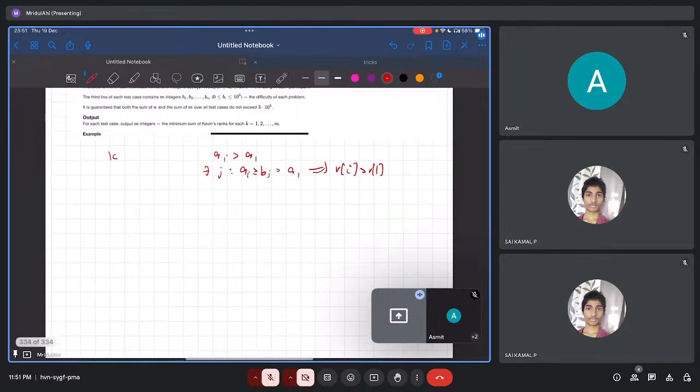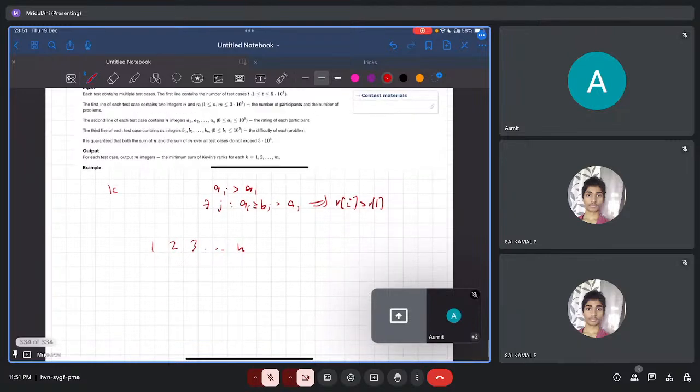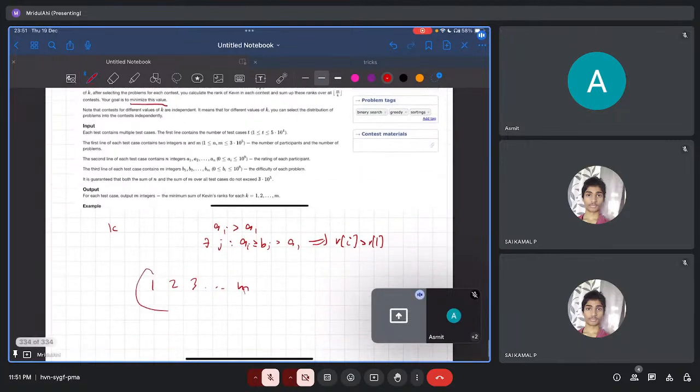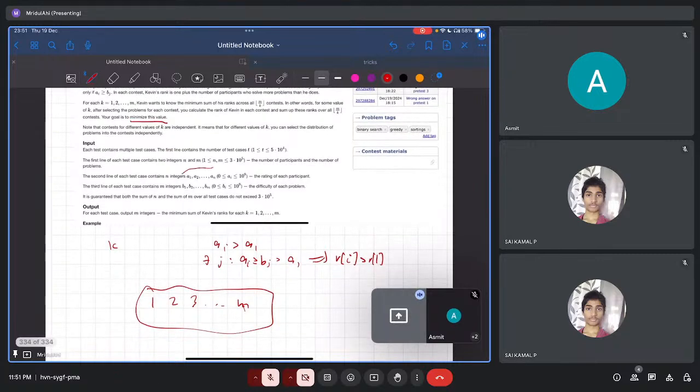So consider the problems of ratings 1, 2, 3 to m. We are assuming that these numbers are in the range 1 to m, because if they are not, then we can just normalize this vector.